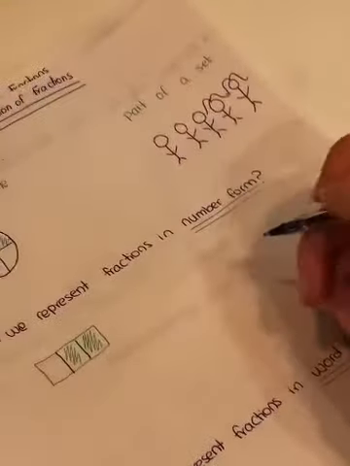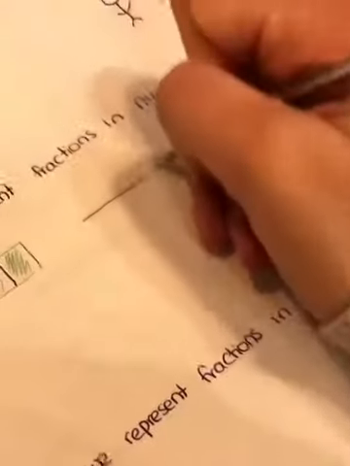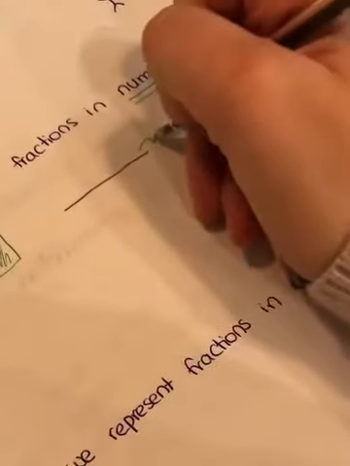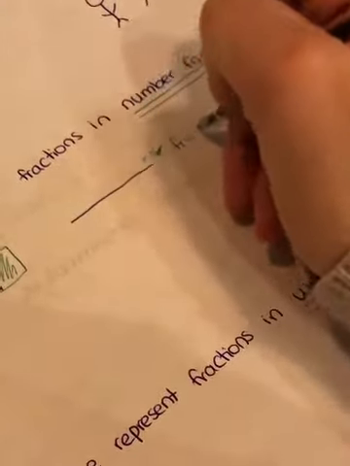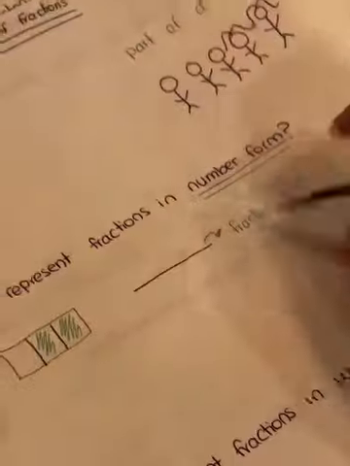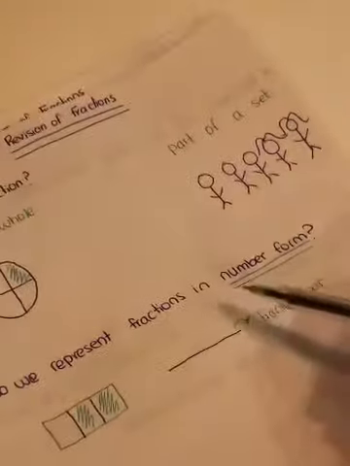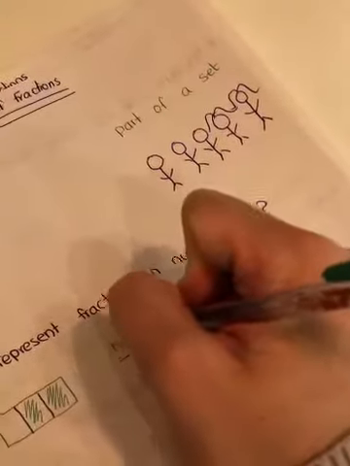So as we said, in order to write fractions in number form, we have a line, which is called the fraction bar. Above the fraction bar, we have a number, and below the fraction bar, we have another number. The number that's above the fraction bar is called the numerator.